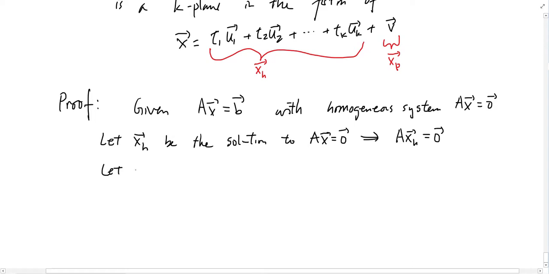We're also going to let vector x sub p be one solution to the linear system. That means if I take A multiplied by x sub p, I will get vector b.